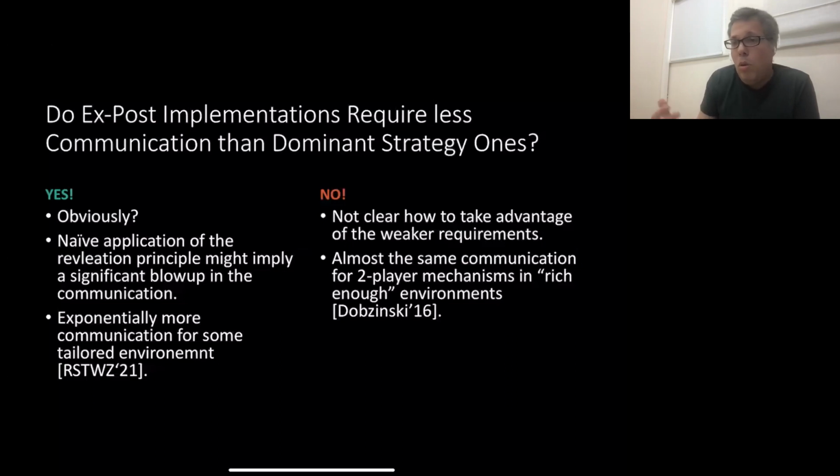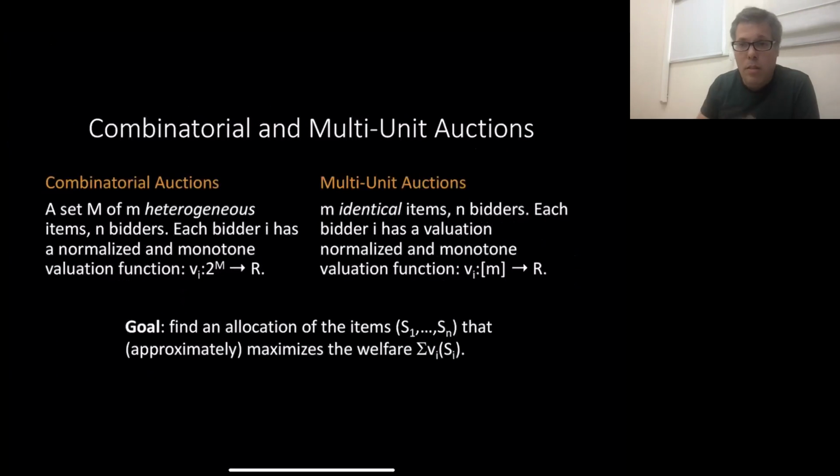So what we want to do in this talk is to understand the relationship between ex post implementability and dominant strategy implementability in environments that are well studied, and these well studied environments are going to be combinatorial auctions and multi-unit auctions. So let me give you a brief reminder of.